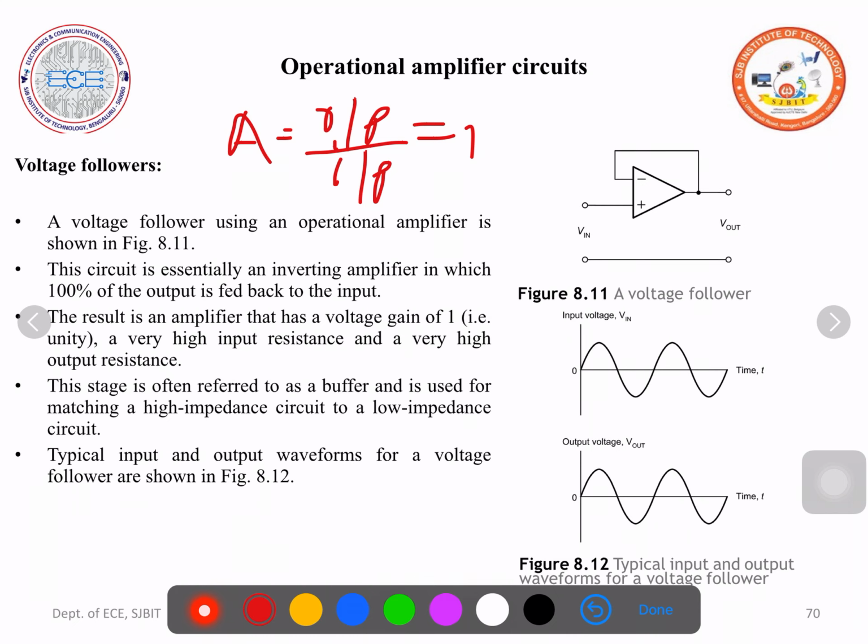If output follows the input, then where can we use this voltage follower? We can use the voltage follower as a buffer. I hope you know the meaning of a buffer. It just acts as a storage. Nothing it will change. So we can use it as temporary storage.